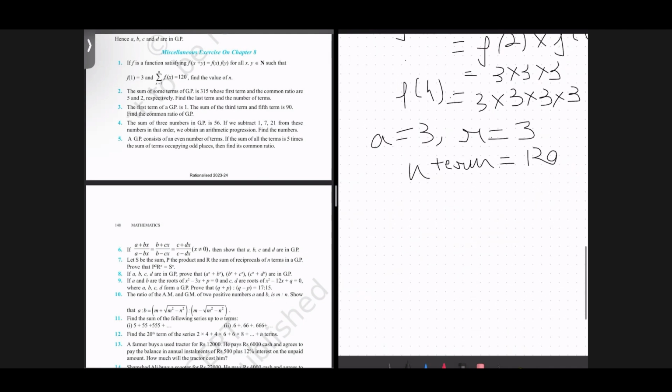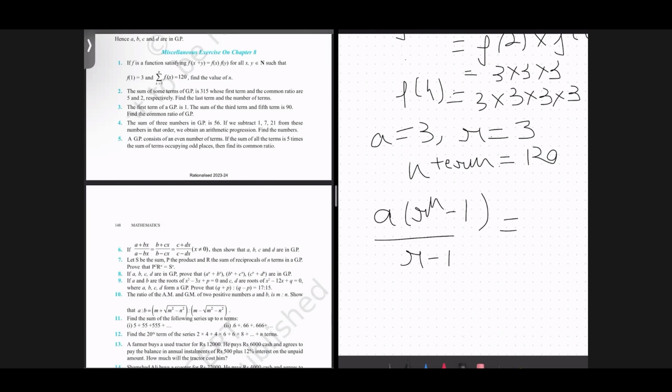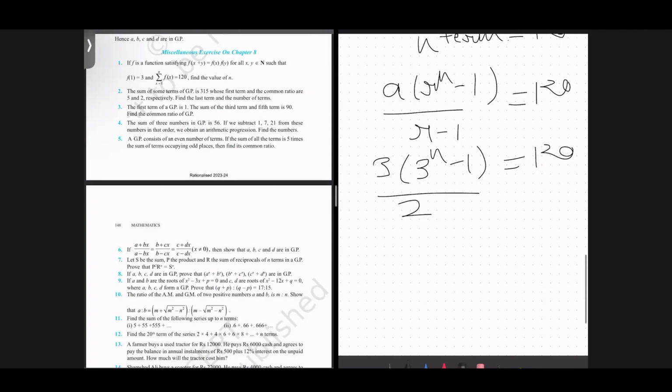So the sum of n terms is going to be a into r raised to the power n minus 1 upon r minus 1, which is going to be 120. The first term of the sequence is 3, into 3 raised to the power n minus 1. In the denominator, you have 2 because 3 minus 1 is equal to 2. Here you have 120. Multiplying by 2 on LHS and RHS and dividing by 3, you get 40.